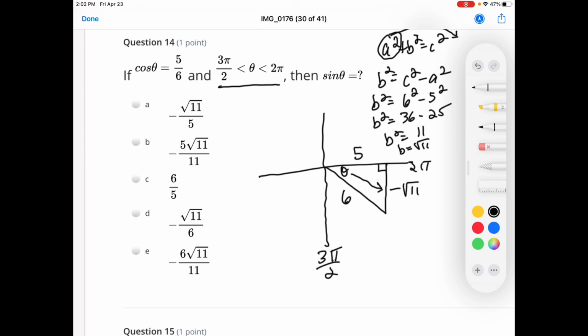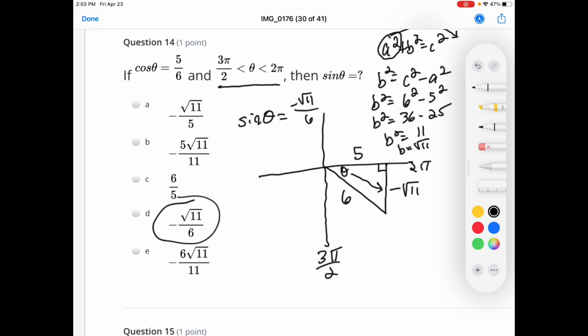So now we got everything we need to find our trig functions on 14 through 18. So this one wants sine theta. Sine theta is opposite over hypotenuse. Negative root 11 over 6.